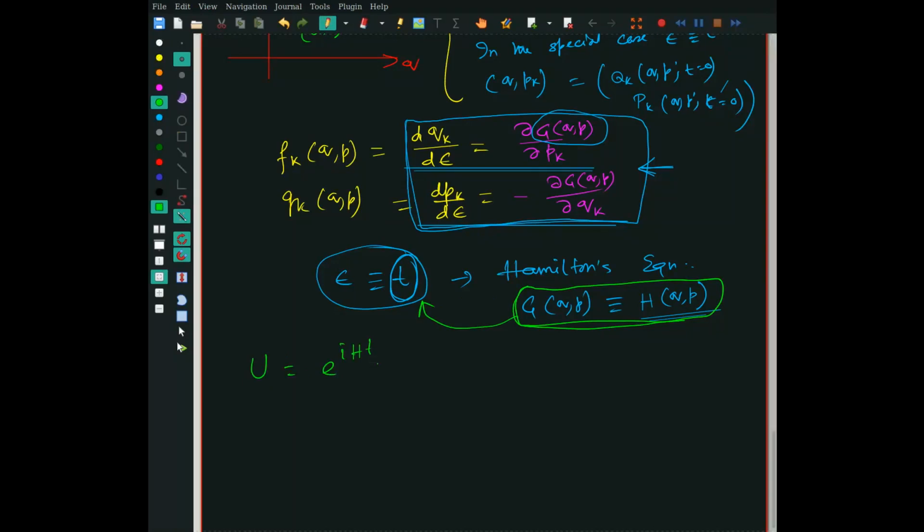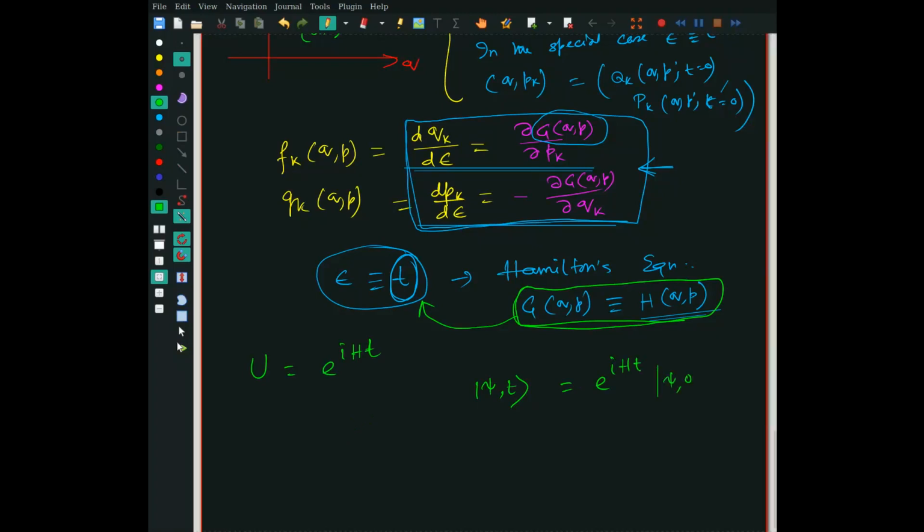I will remove this h cross, I don't like writing h cross everywhere. So it is iHt. Actually, basically psi at t would be given by e to the power iHt.